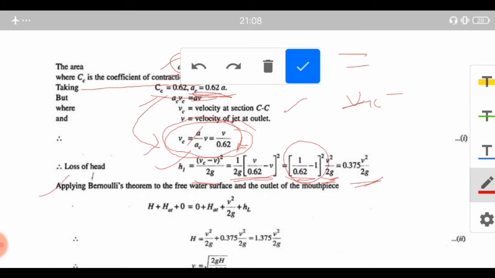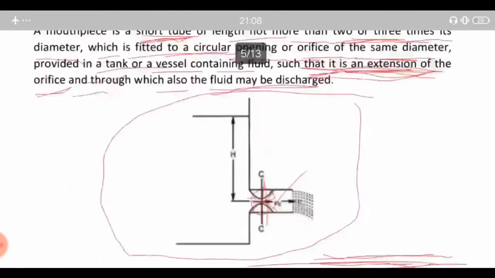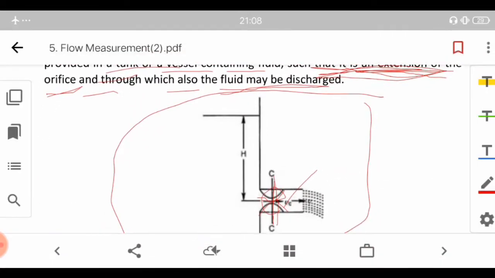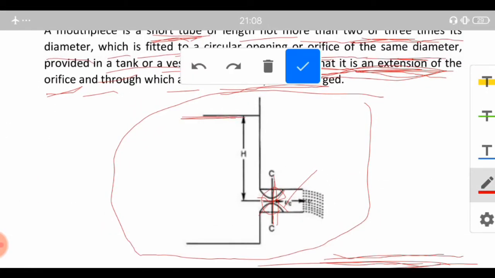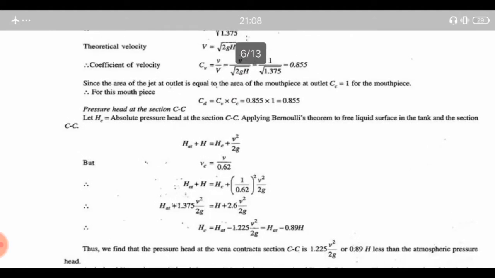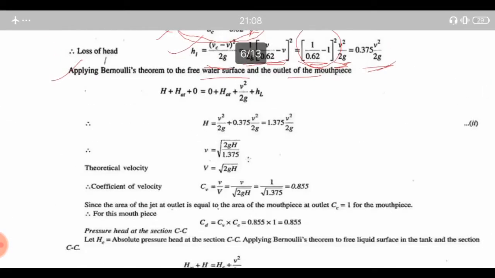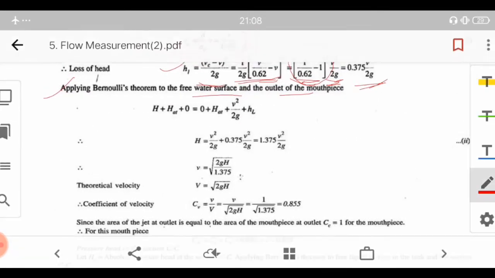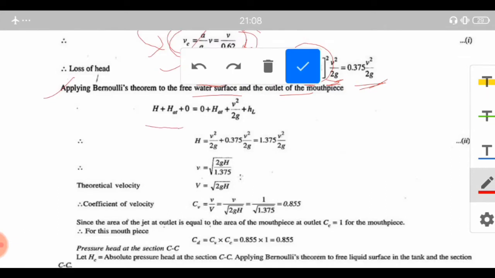And now applying Bernoulli's equation to the free water surface and the outlet of the mouthpiece. In these two sections, if we apply Bernoulli's equation, we will be remaining with H plus HAT plus 0 is equal to 0 plus HAT plus V square upon 2g plus HL.